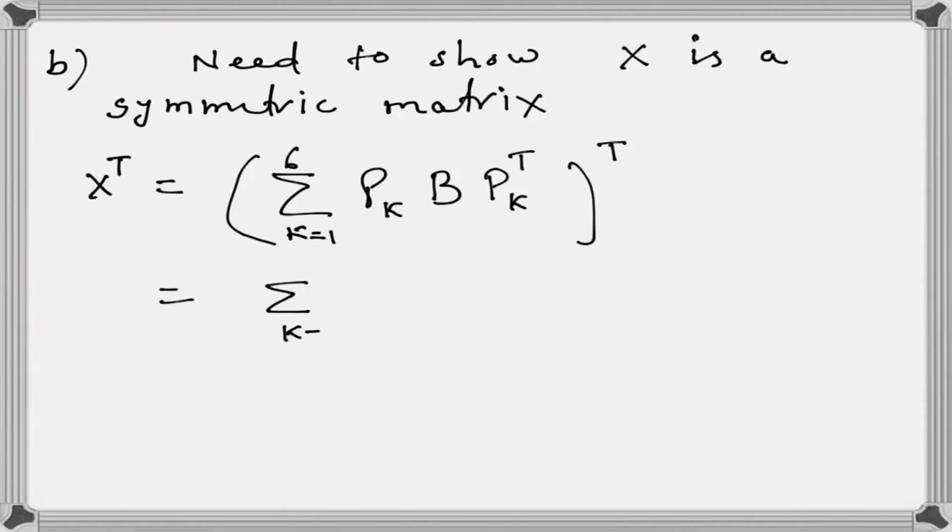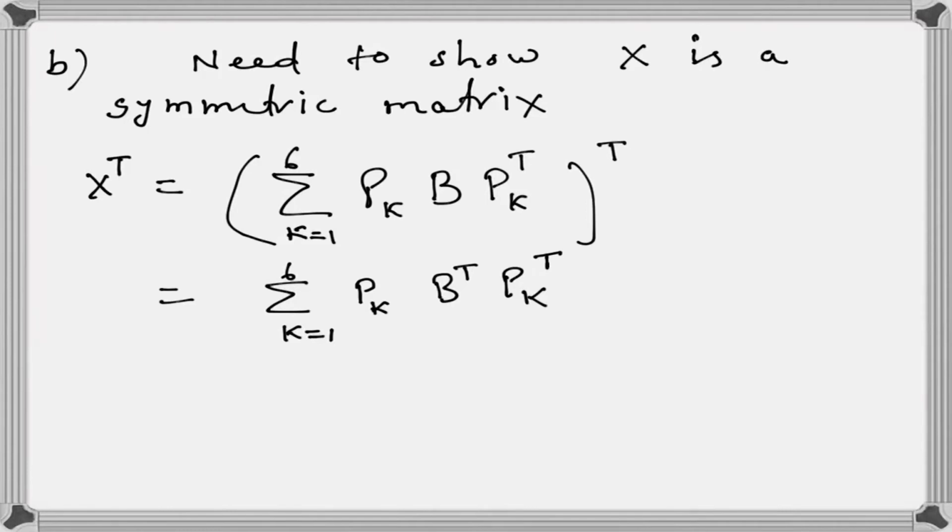This is nothing but the sum over K equals 1 to 6 of PK B transpose PK transpose.